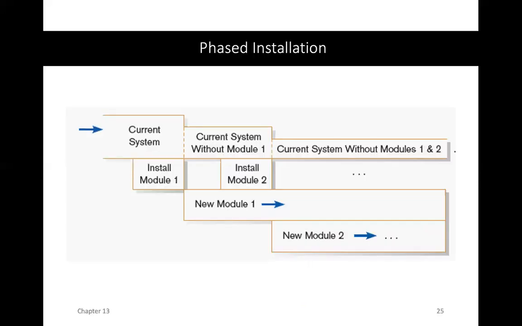So here we have your current system and your new system, where you install the new module 1 after you've installed module 1 on your current system, and then you switch over to your new system. Your current system is going to have module 1 replaced, and so on and so forth. So essentially, you swap over component parts of your system. It takes much longer, but it's less risky.